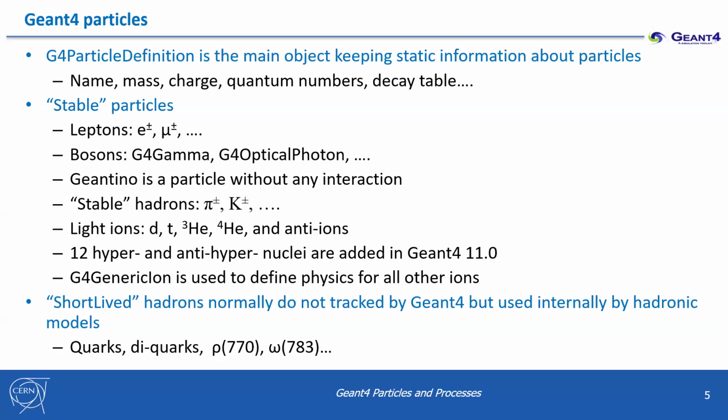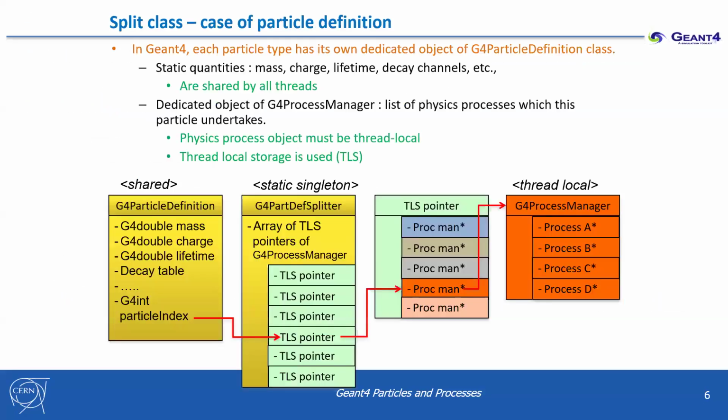There may be light resonances like omega and rho, or other resonances, which have a very short lifetime, shorter than the time a relativistic particle needs to come through a nucleus. Everything happens within the nucleus, and nothing is going out. So it is only for hadronic models, not for tracking.